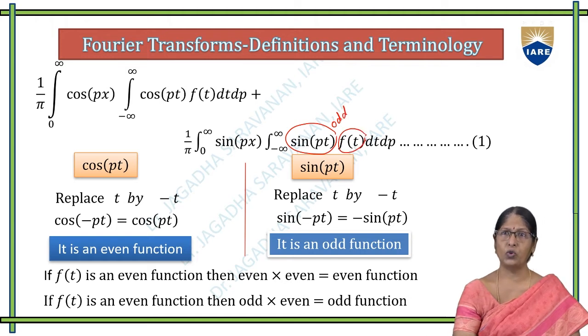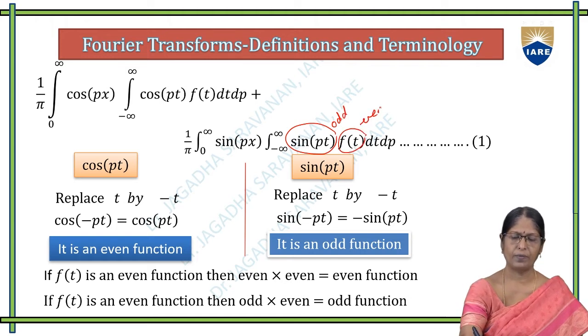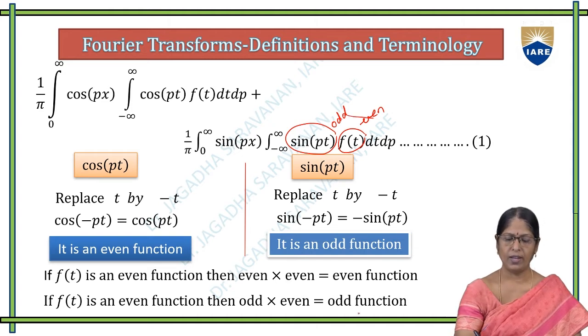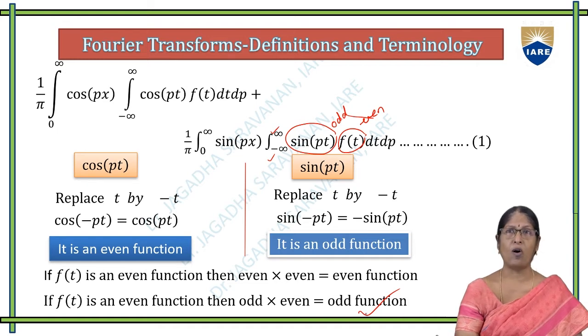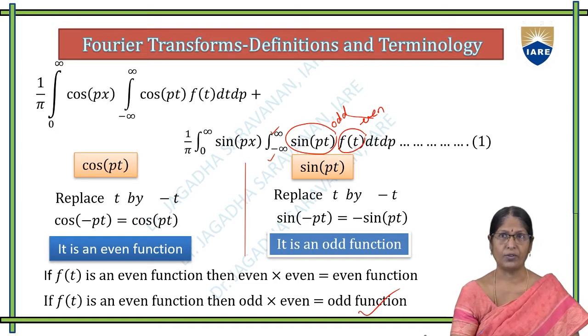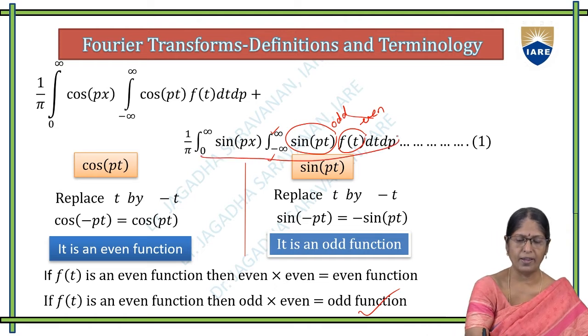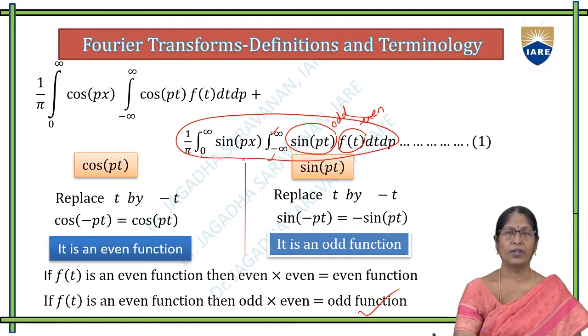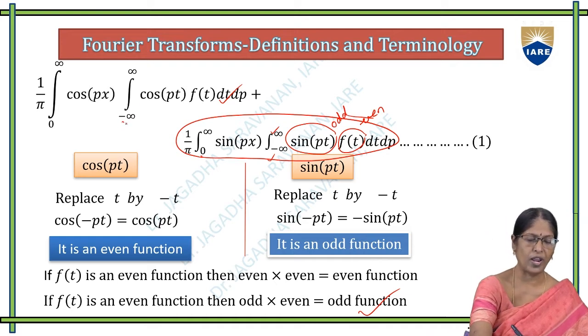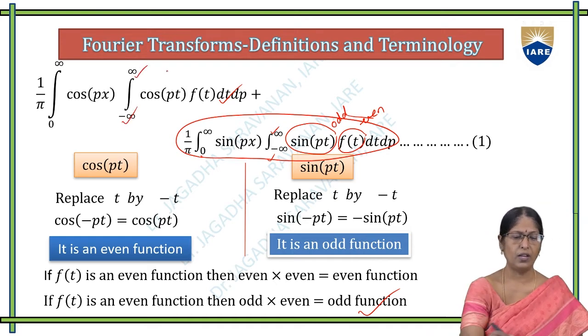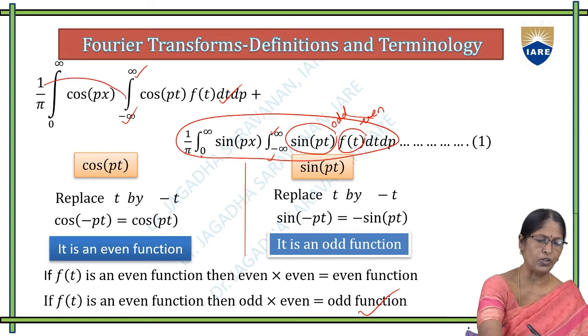This f of t we assume as an even function, and odd into even is an odd function. Already, if the limit range is minus infinity to infinity and the function is odd, the integral vanishes. So this one is vanished. The remaining one plays the role of the Fourier cosine integral. We have to change the limit to 0 to infinity, and the 2 of the 2 we will put here.